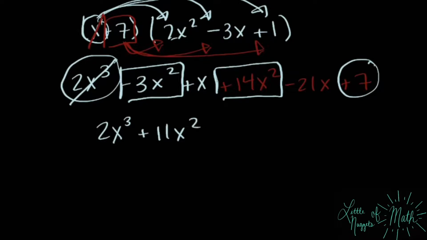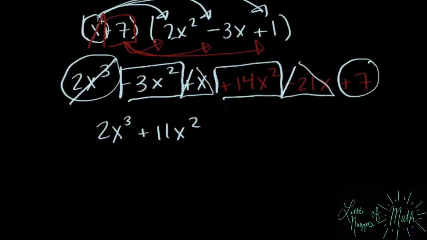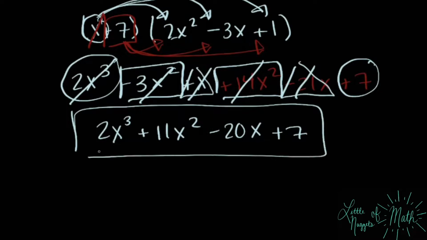And the last degree is x and negative 21x, which will give us negative 20x. It helps to cross them out as we put them down. And the last term, which doesn't have any like terms, is positive 7. And that will be our final answer, ordered from the largest degree to the smallest degree.